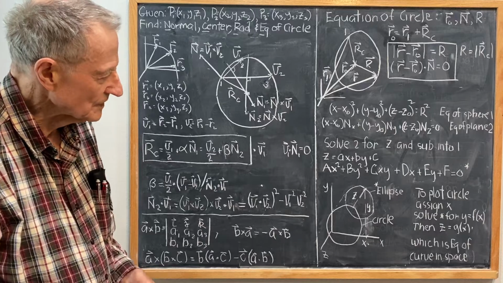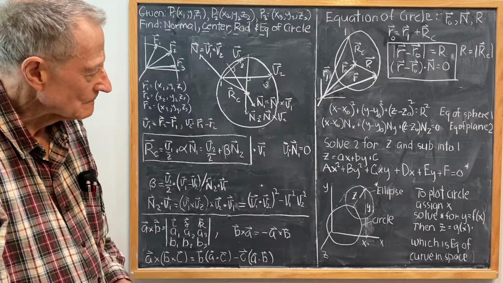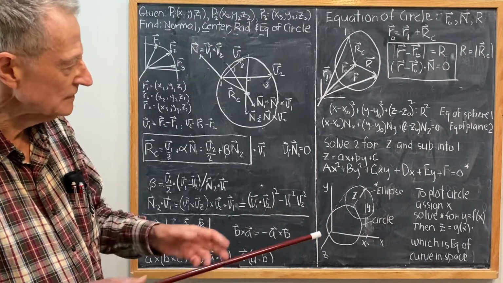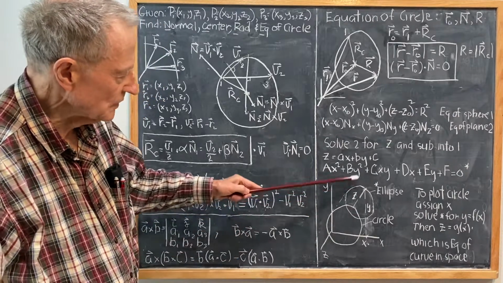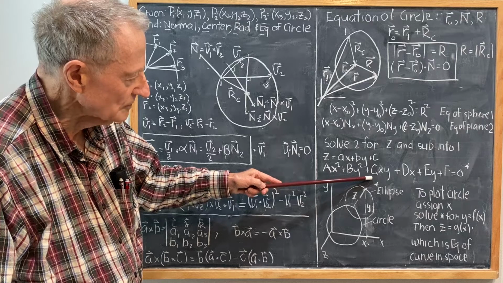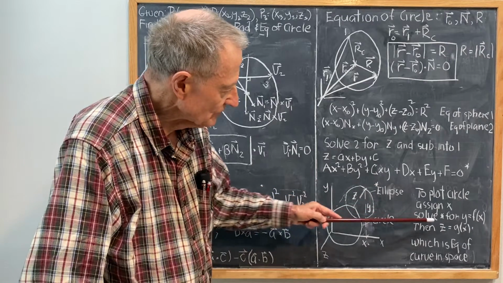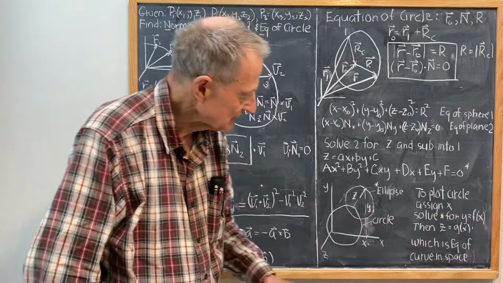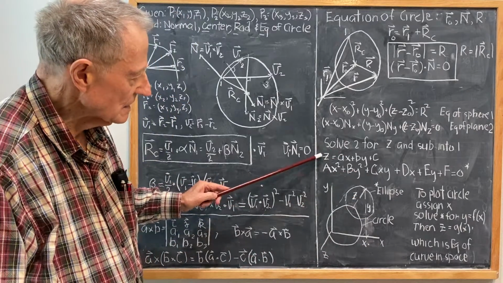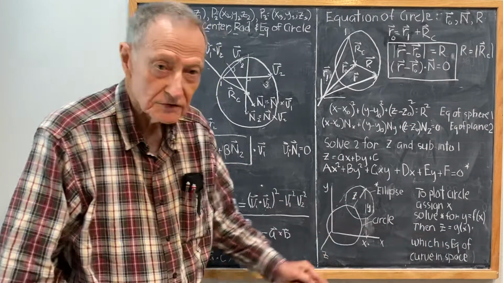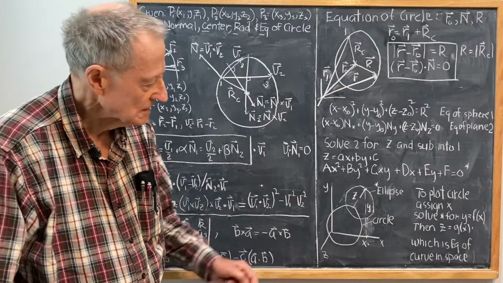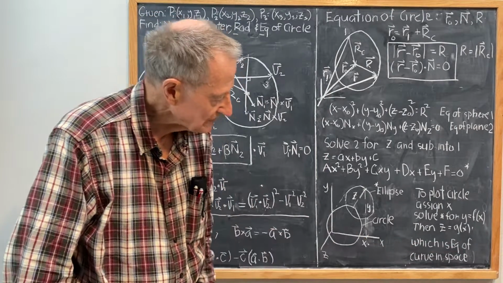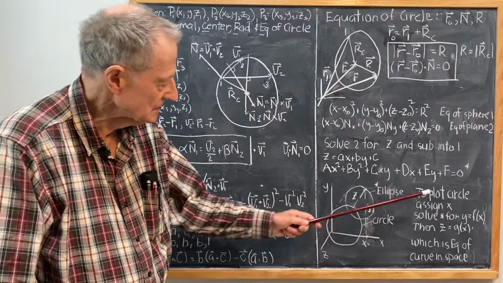Now, to plot the circle, I can assign a value of x and solve this equation for y in terms of x. So I get y equal f of x, and then from this equation I get z equal to g of x, and that, you may recall, is the equation of a circle in space in terms of the parameter x.